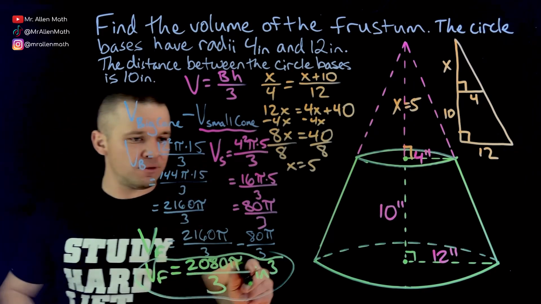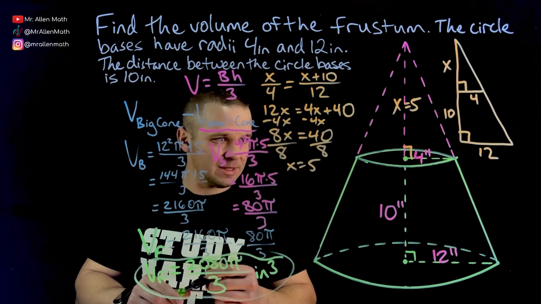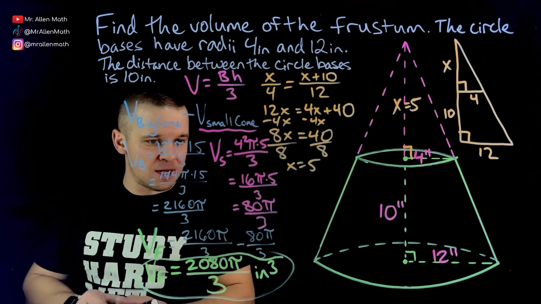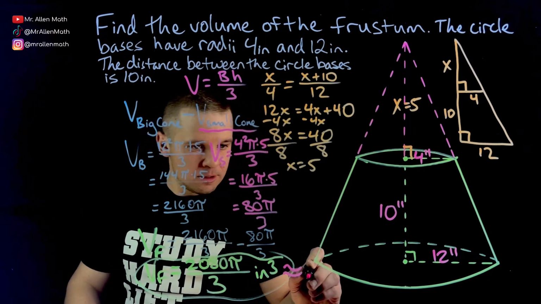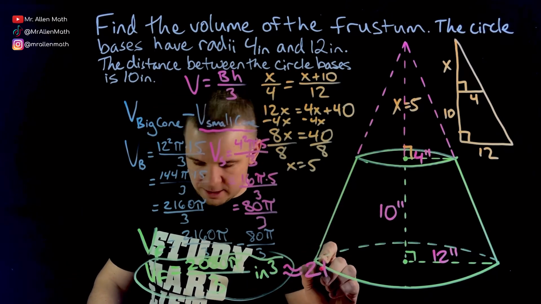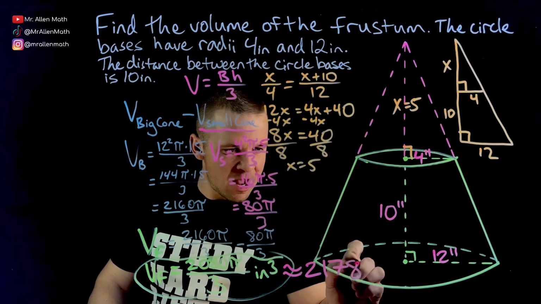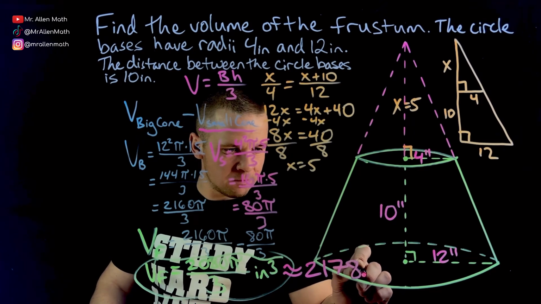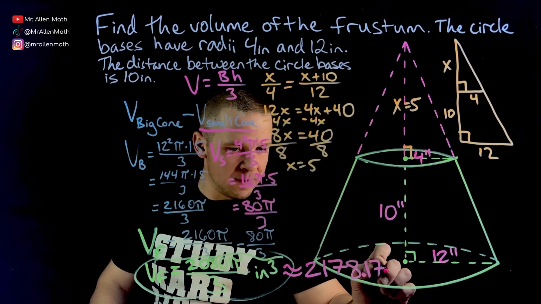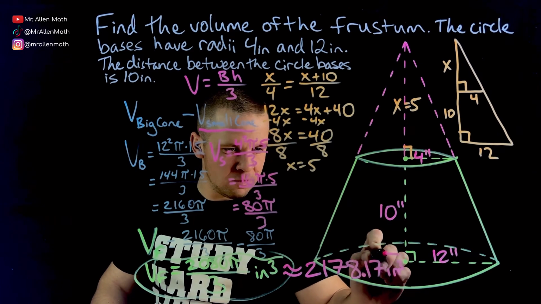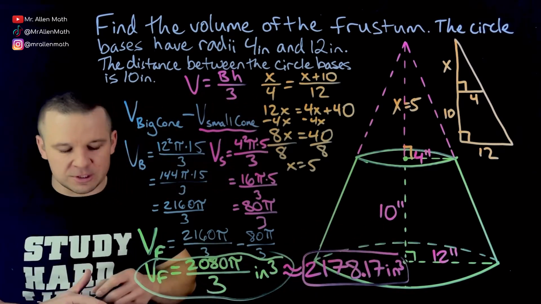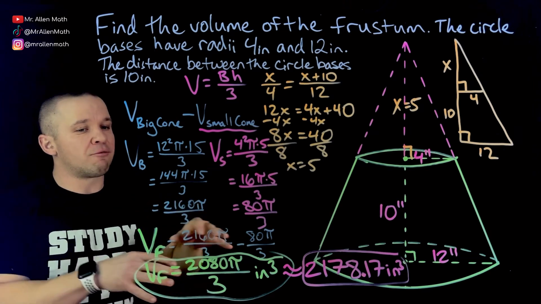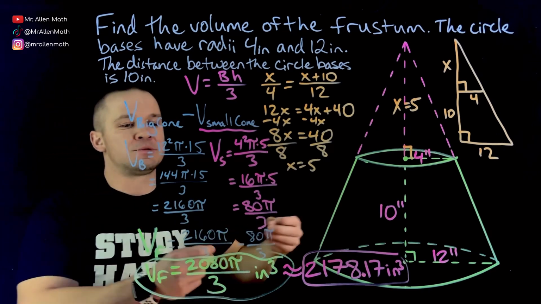And we would get our approximate, I'll put it in pink so it pops, 2178.17 cubic inches. So inches cubed. I put a little squiggly equals to showcase that it is approximate. I have rounded. This is exact in terms of pi.